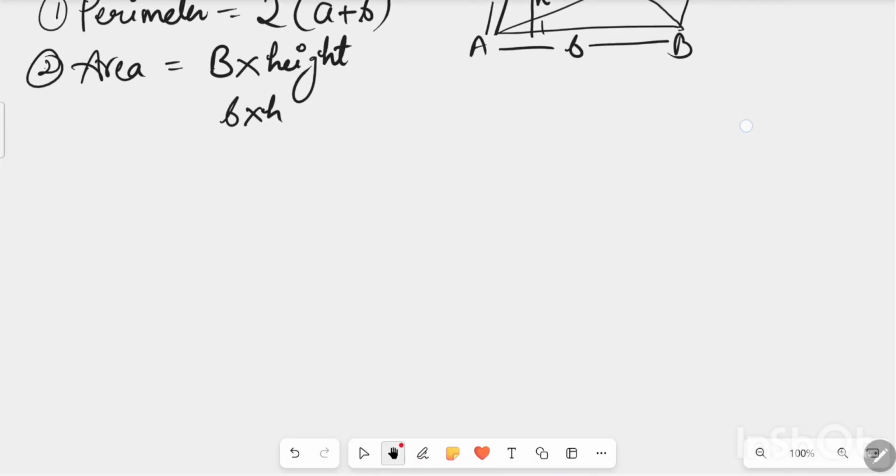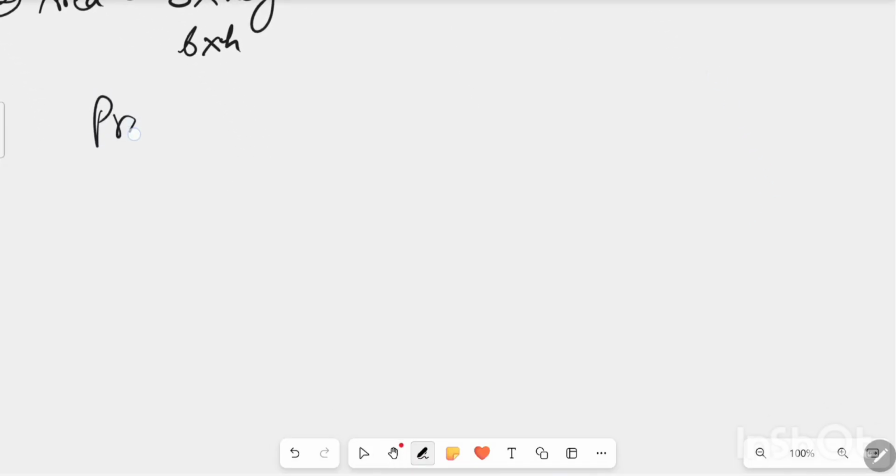Now properties. Diagonals of a parallelogram bisect each other.